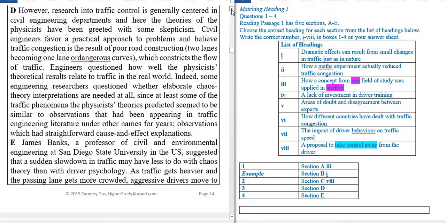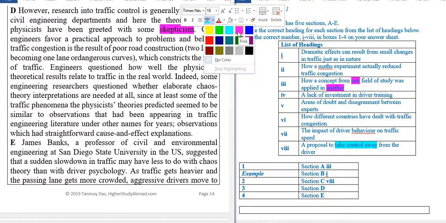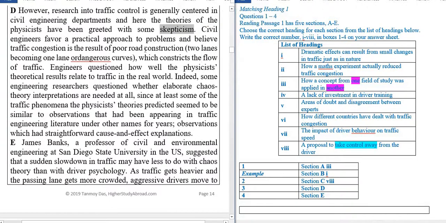Research into traffic control by department and skepticism. Some skepticism. Questioned. Indeed, some questioned. So in the first line of this paragraph, it is showing some skepticism. And then question.